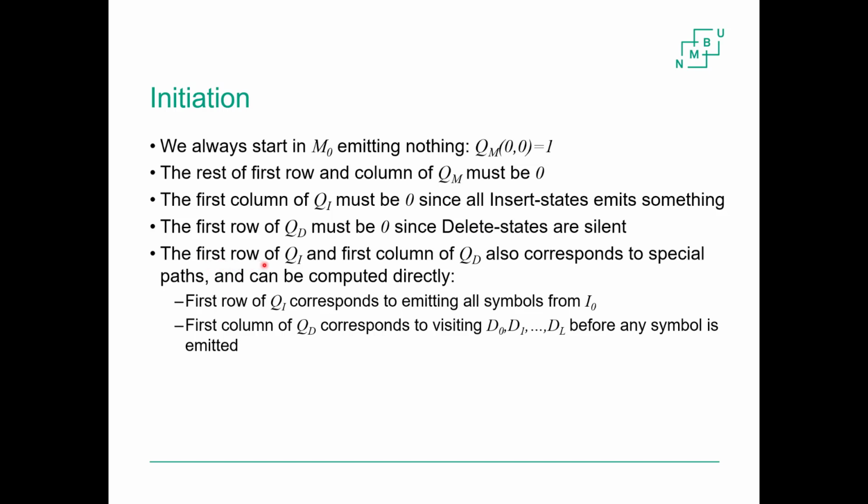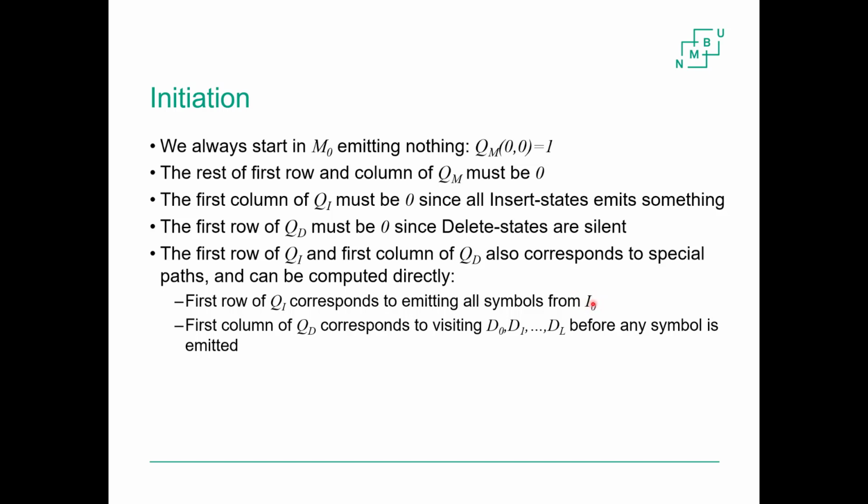And then the first row of QI and the first column of QD can also be filled in right away, because these correspond to very peculiar paths. The first is if you go emitting all the symbols from the first insert state. And that's really strange, isn't it?